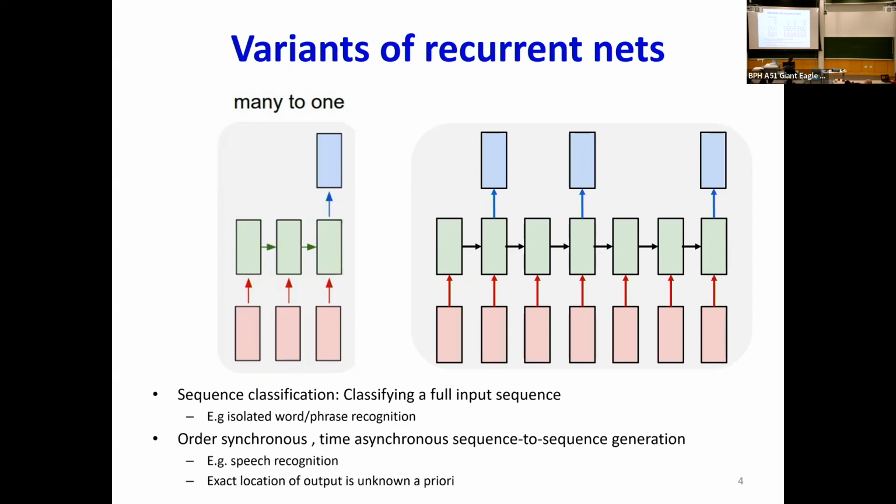Or you can have something like the figure to the right. Now, this is more complex. The output is not synchronous in time with the input. You don't have one output for every input. What you have is intermittent outputs, but the sequence of outputs is order aligned with the input. What do I mean by order aligned?